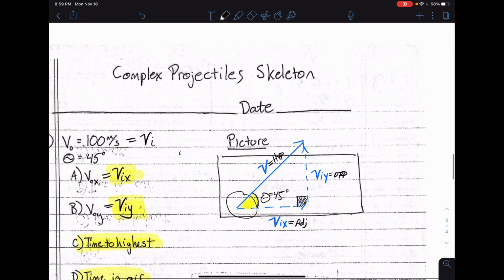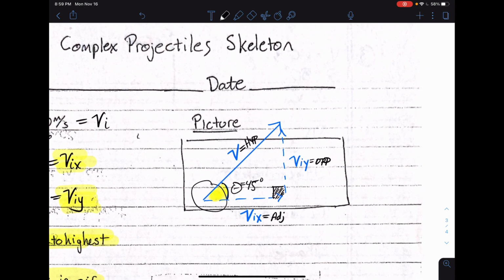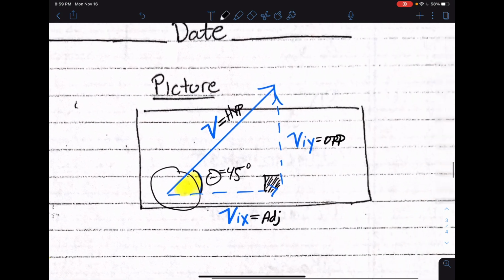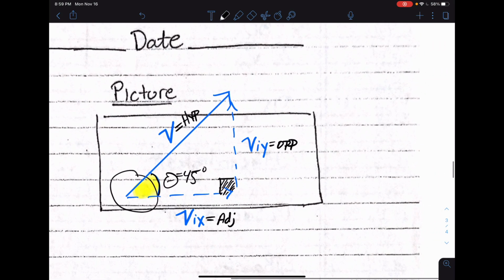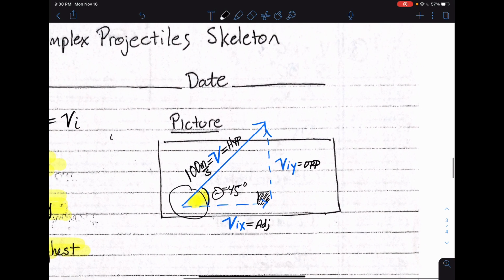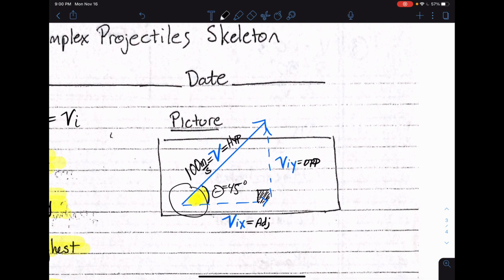Plus they ask us to, but that's just a good habit to get into for any projectile problem, that you want to take this velocity, which they tell us is 100 meters per second. I'm just going to write that down right here, and split it into its x and y parts. So that's usually what we have to do to solve these problems, right? Okay, so because it's a 45-degree angle, we should get similar values for Vix and Viy.